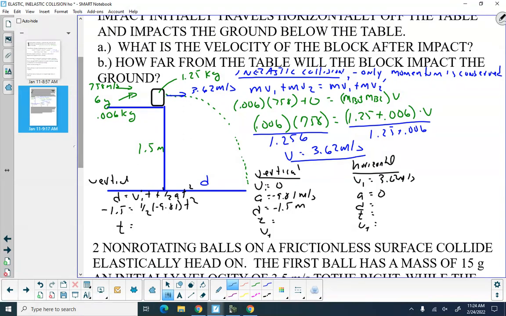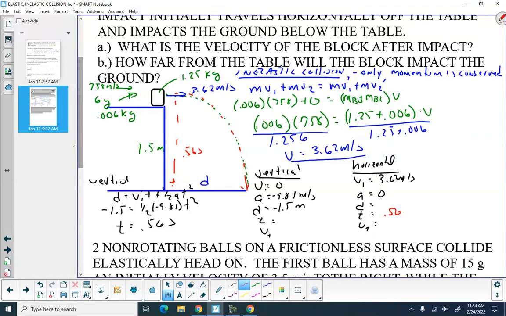Possibly come up with 0.56 seconds. So we have negative 3 times 2, then divide by 9.81, then take the square root of that, 0.56. So it takes 0.56 seconds to drop down here, but it's also 0.56 seconds to go over there.